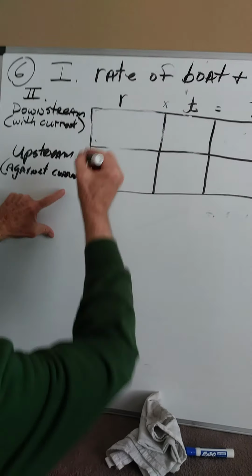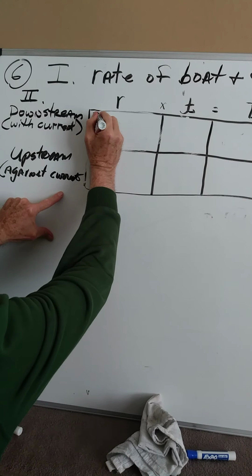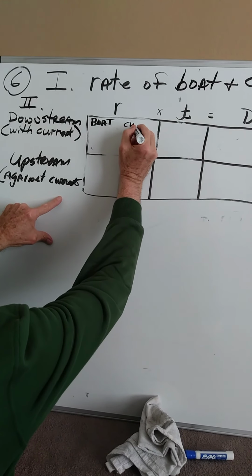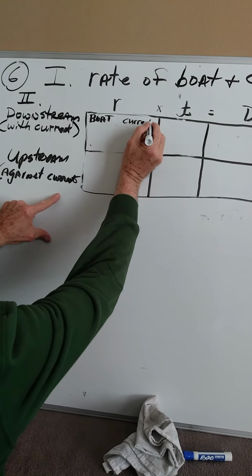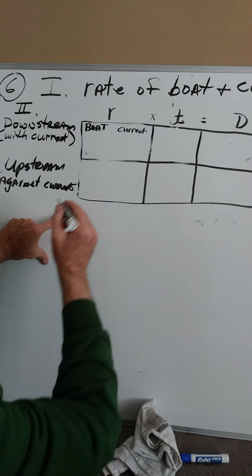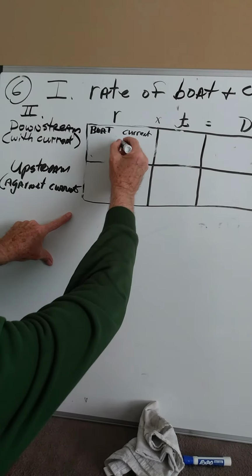Here, the boat must be first. The current must be second. When it's traveling downstream or with the current, it's addition because the current will push the boat to go faster. But when it's going upstream, it'll go slower.